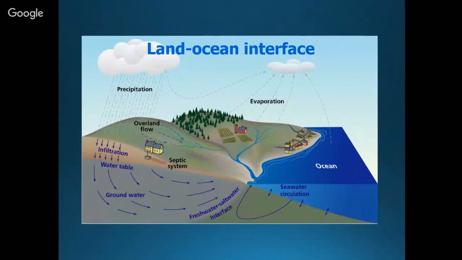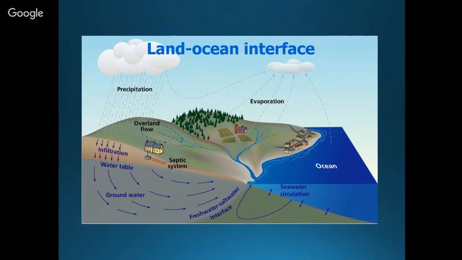So most of you have probably seen some sort of diagram like this before describing the water cycle. When we get a lot of precipitation, it will infiltrate into the ground and move to the water table, where there's standing groundwater, saturated groundwater. And while this water infiltrates, it can pick up contaminants from septic systems and from cesspools.